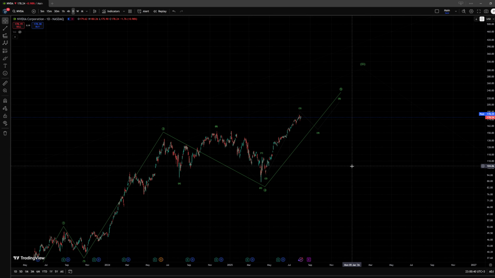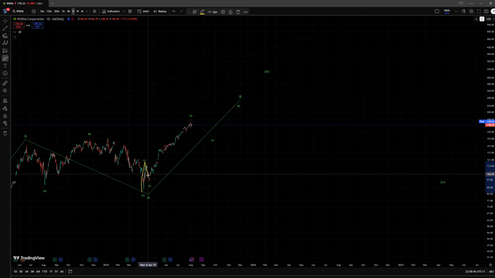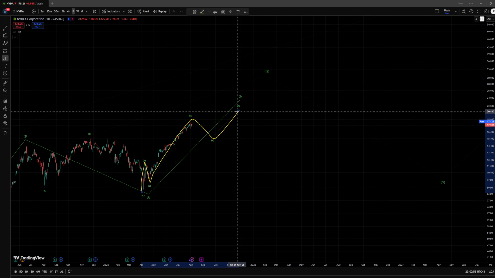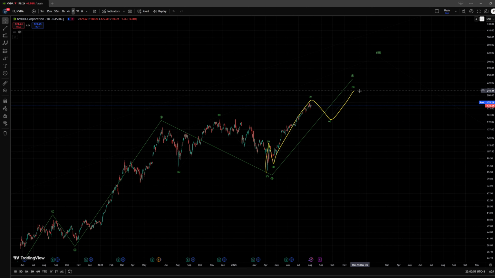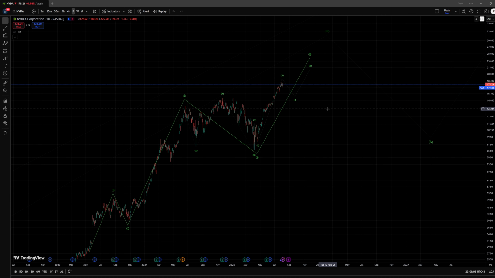It is actually a diagonal pattern here, and within this we have a wave 1 up, a wave 2 down, a third wave up that could be complete. I am still debating that, but I expect another 4-5 in the short to mid time frame to actually complete this fifth wave before we head into some larger correction.